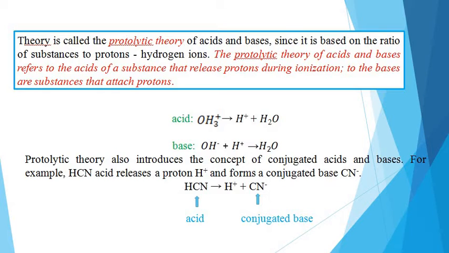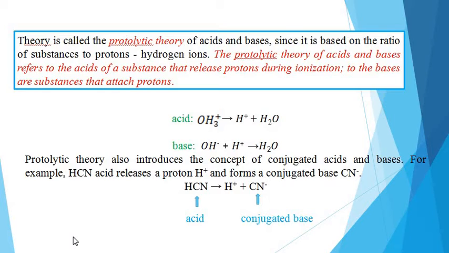Bases are substances that attach protons. In this reaction, the hydroxonium ion is an acid because it releases a proton, but the hydroxide ion is a base which attaches a proton.